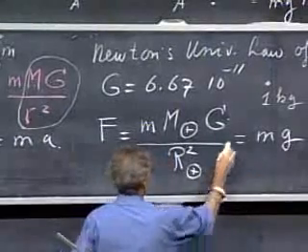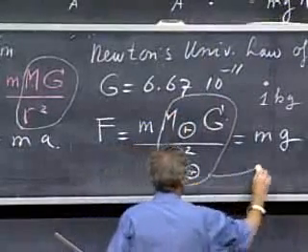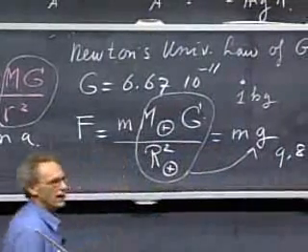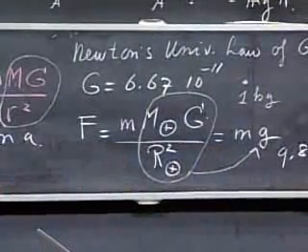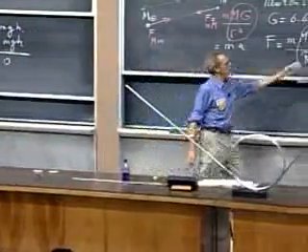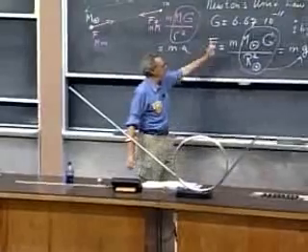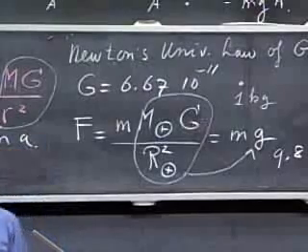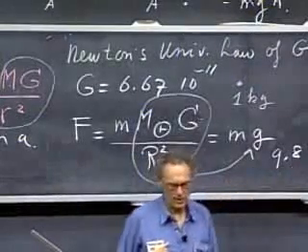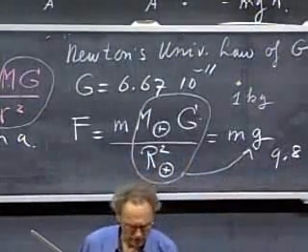And so you see that this now is our famous g, and that is the famous 9.8. If you substitute in there the mass of the Earth, which is 6 times 10 to the 24 kilograms, you put in here the gravitational constant, and you put in the radius of the Earth, which is 6,400 kilometers, out pops our well-known number of 9.8 meters per second squared.